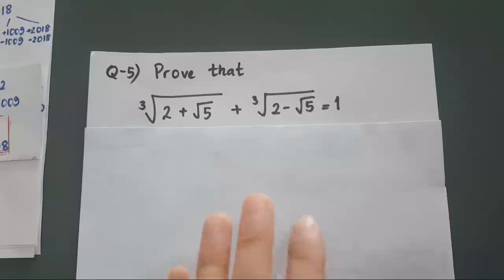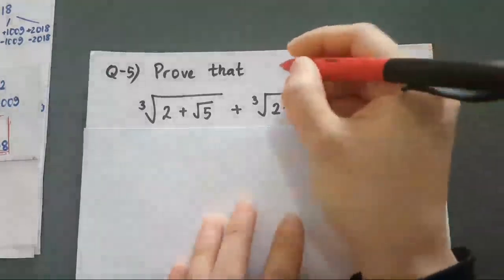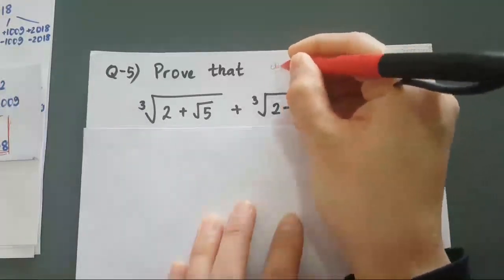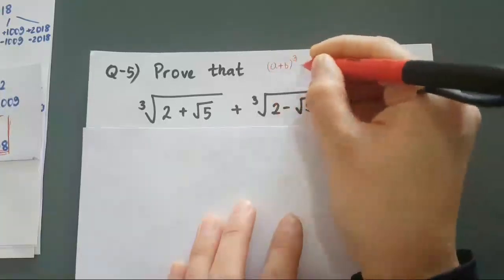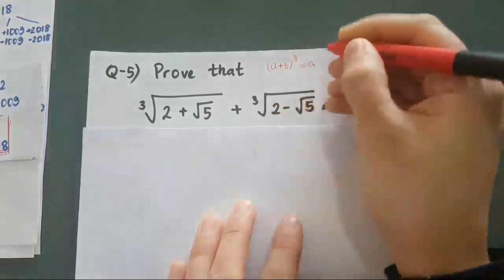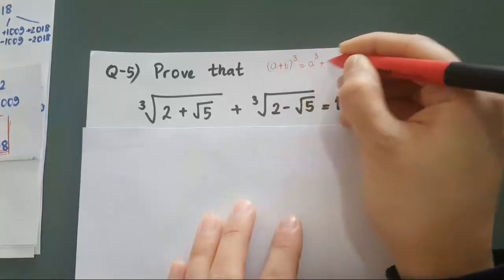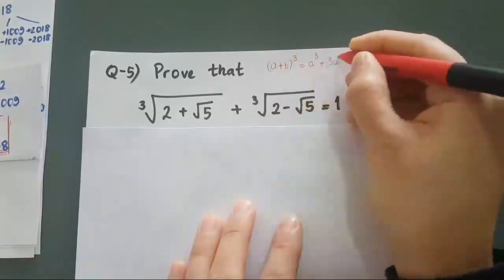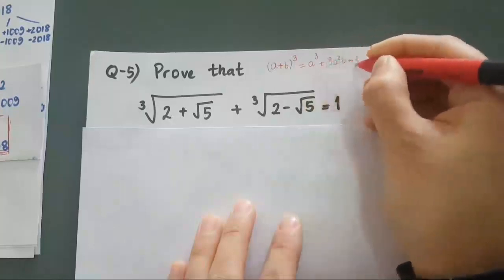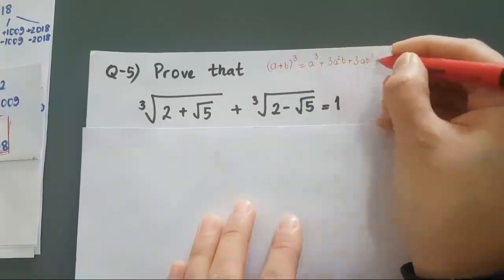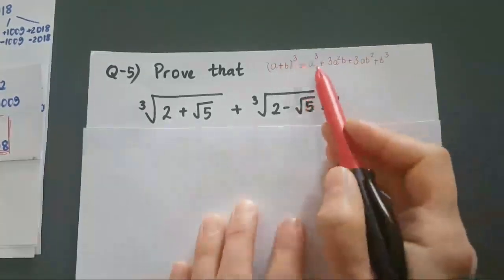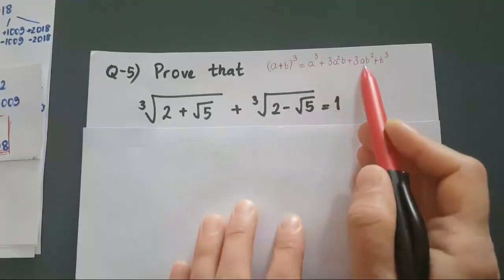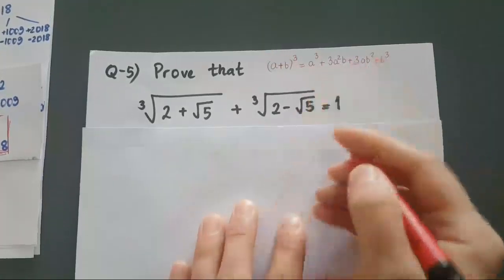By the way, while you're trying to solve the problem, I can remind you of a plus b cubed. The cube of a plus b is a cubed plus 3a squared b plus 3ab squared plus b cubed.